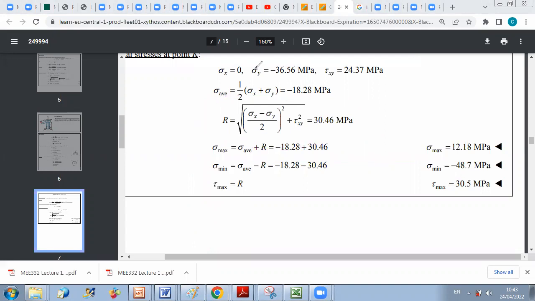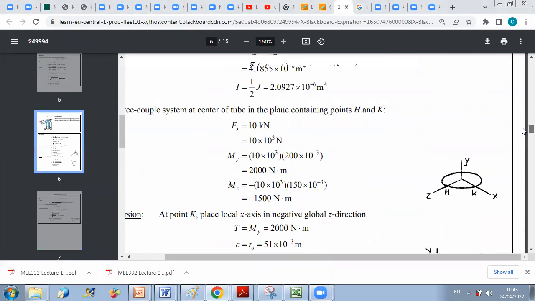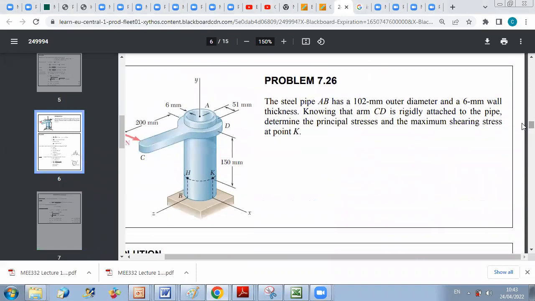Now, for example, if they also asked you to determine the state of stress at H, you can say, let me plot an element here containing H. So you can work in general with several elements. You can take this element or you can take this one, but this one is easier for you. Always select the element that is easier to work with.